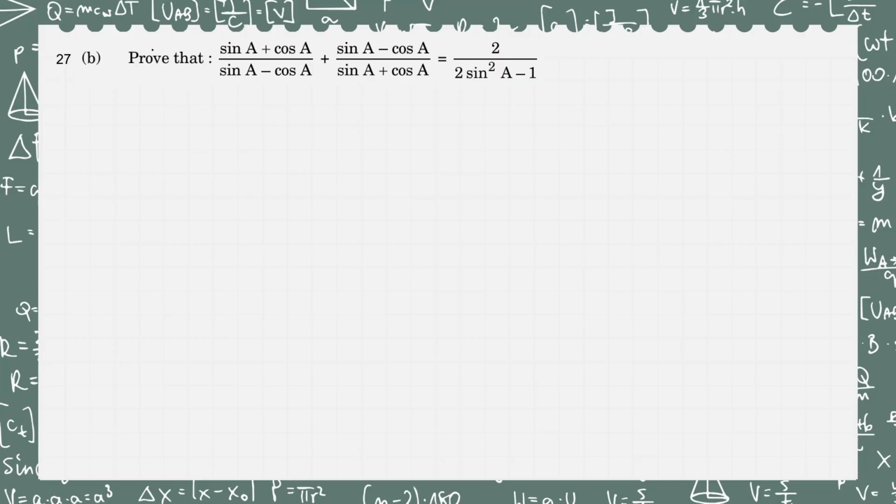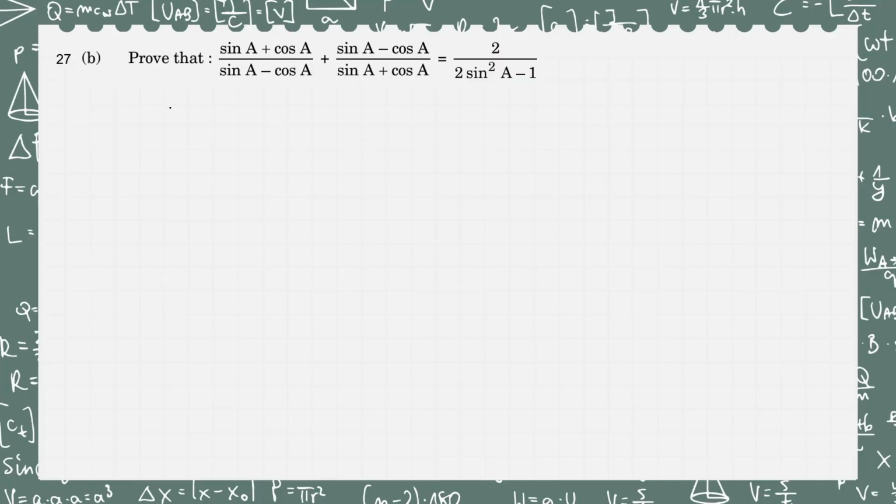The other option of the same sum. Prove that sin A plus cos A divided by sin A minus cos A plus sin A minus cos A by sin A plus cos A equal to 2 divided by 2 sin square A minus 1. And of course the complicated term is situated in the left hand side of the equation.